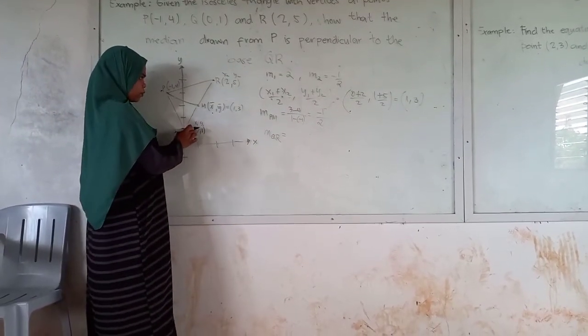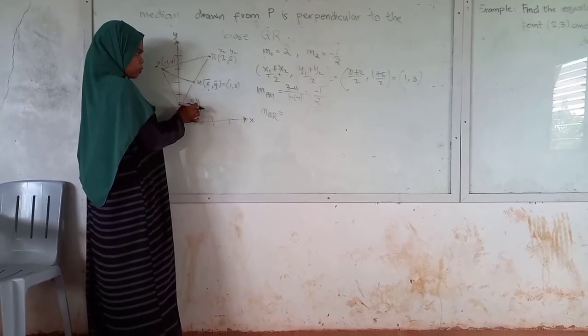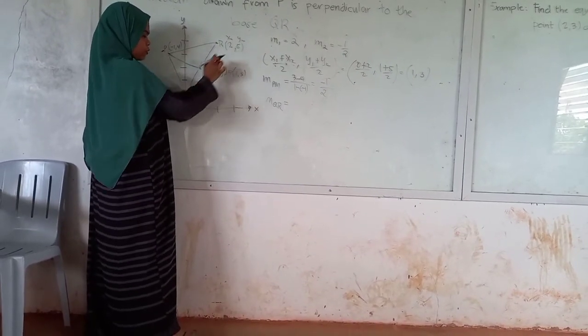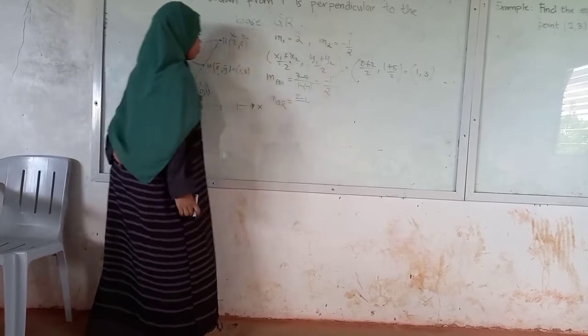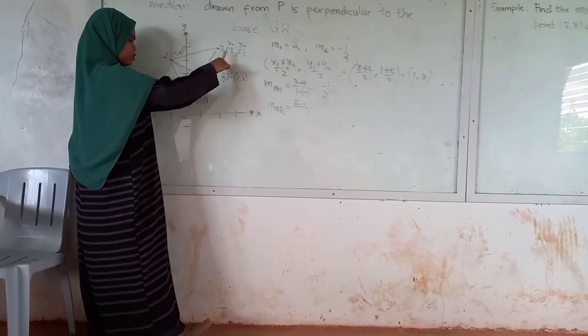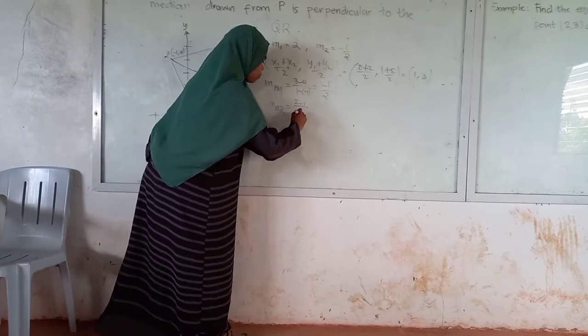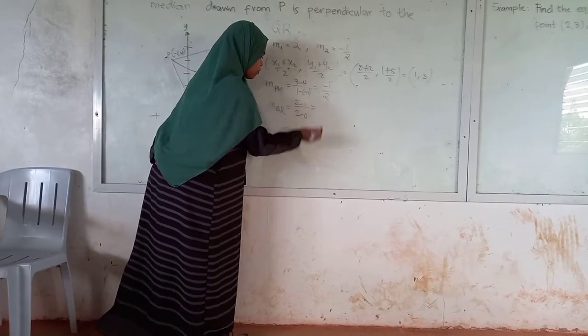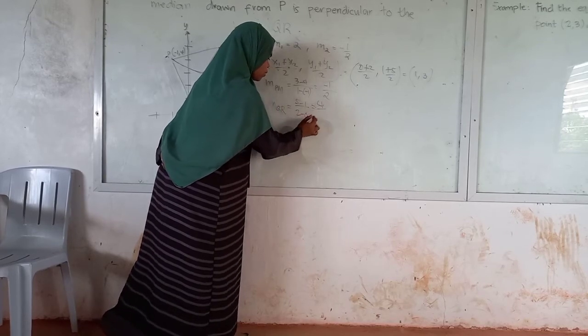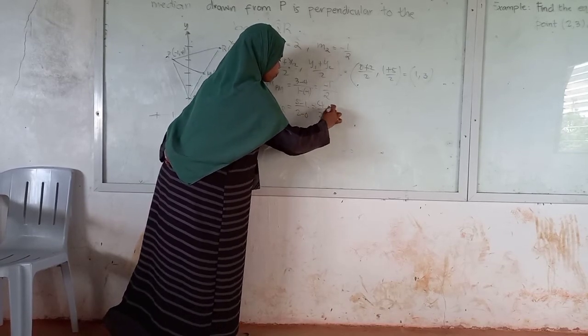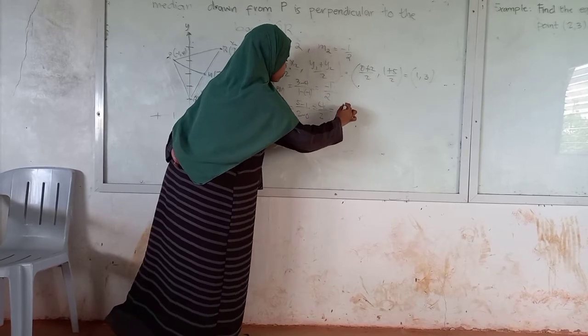So, I have y sub 2 minus y sub 1, so 5 minus 1 over x sub 2 minus x sub 1 na 2 minus 0. So, 5 minus 1, that is 4. And then, 2 minus 0, that is 2. So, 4 divided by 2, that is 2.